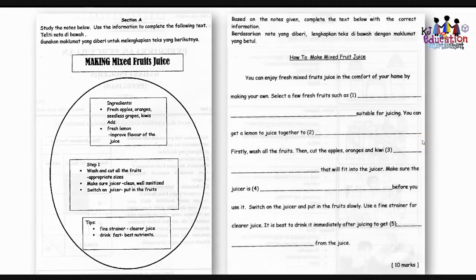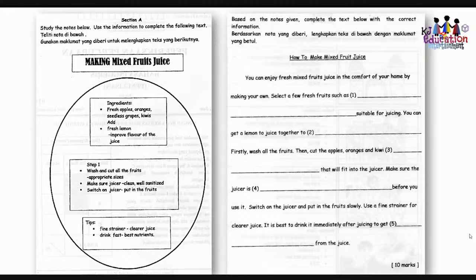As you can see, this is a very simple topic: making mixed fruit juice. So we're going to make fruit juice together, and these are the steps. We are going to transfer the information here for you to actually know how to make fruit juice.